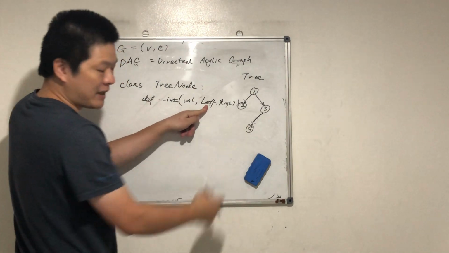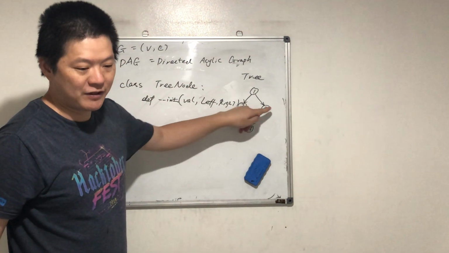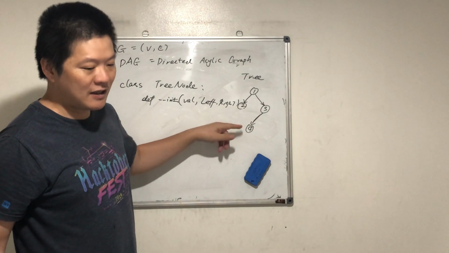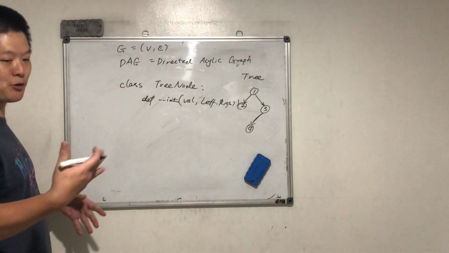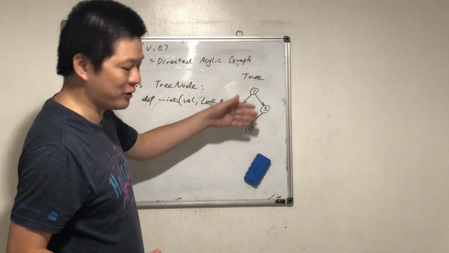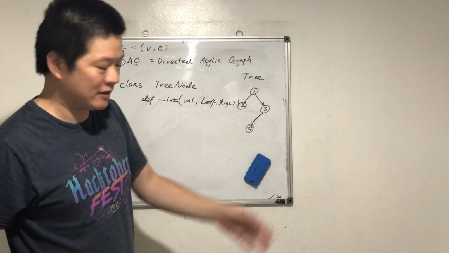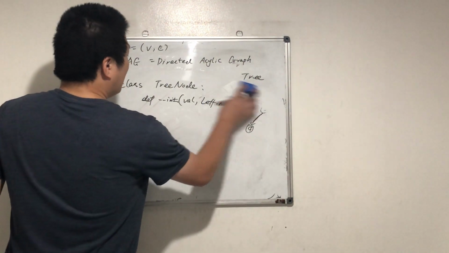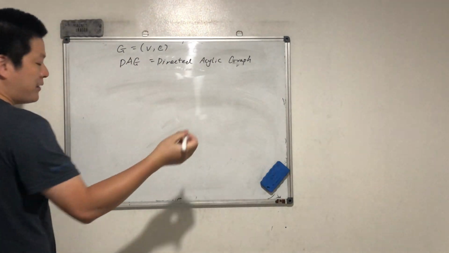Look, this parent can point to the left and right. And for kids, it doesn't usually know which parent it comes from. But there's a way you can keep track of this, using depth search, by passing down the parent value, okay? DAG, okay? So what have we talked about yesterday?